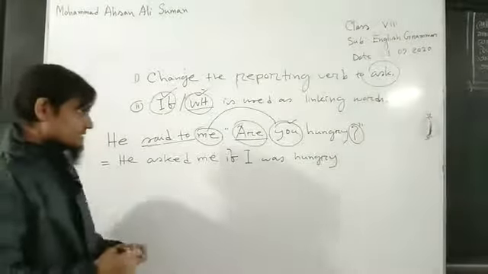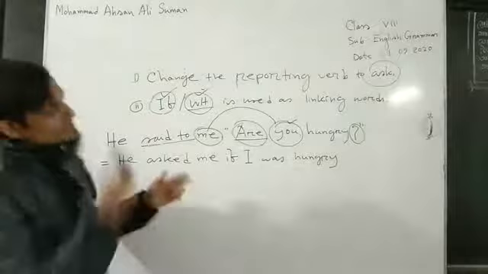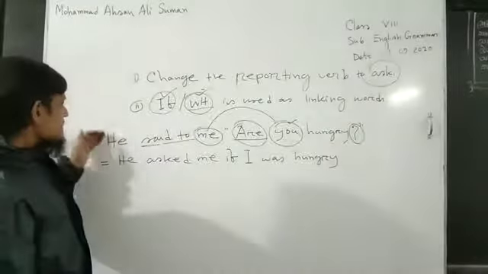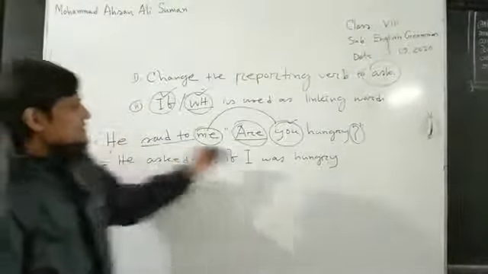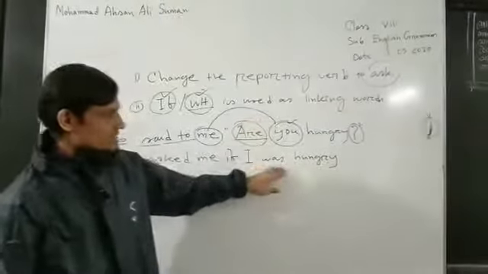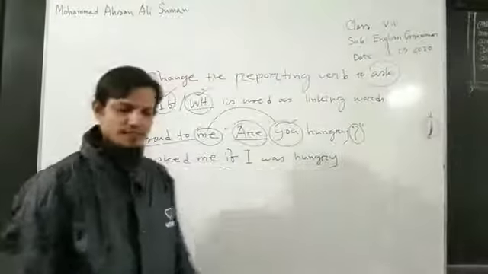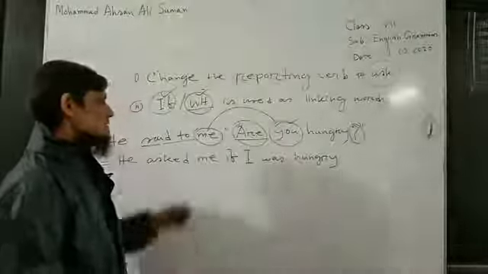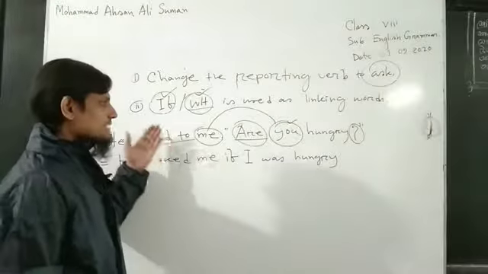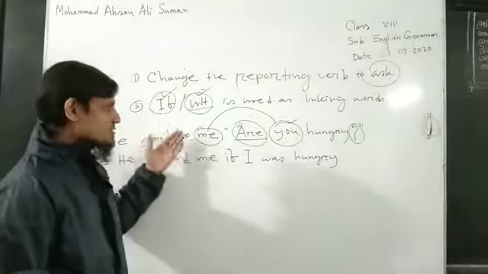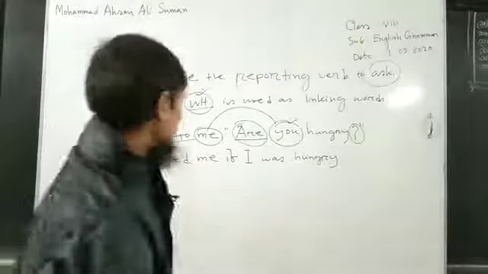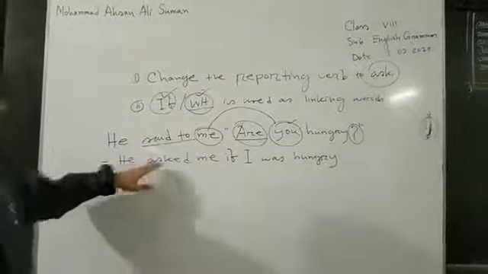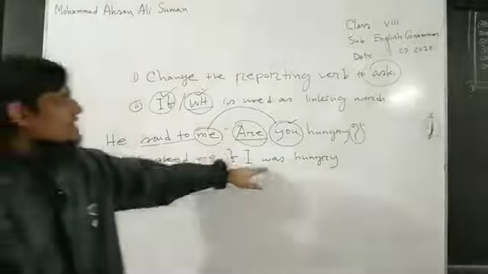In this sentence, we learned another thing: from direct speech to indirect speech, the sentence changes into an assertive sentence. All kinds of sentences change into assertive sentences. It is the basic rule of converting direct speech to indirect speech. So, he asked me if I was hungry.